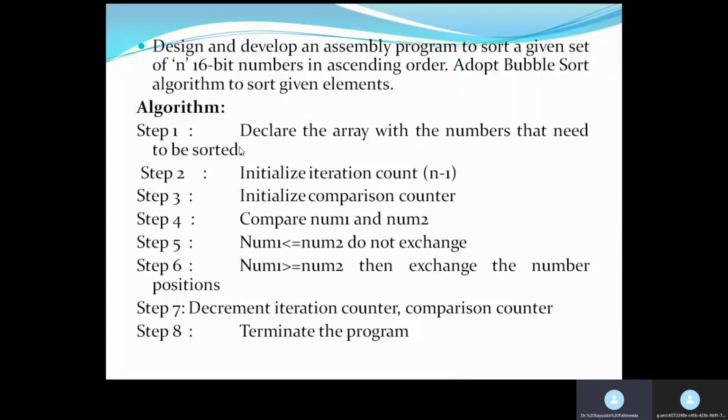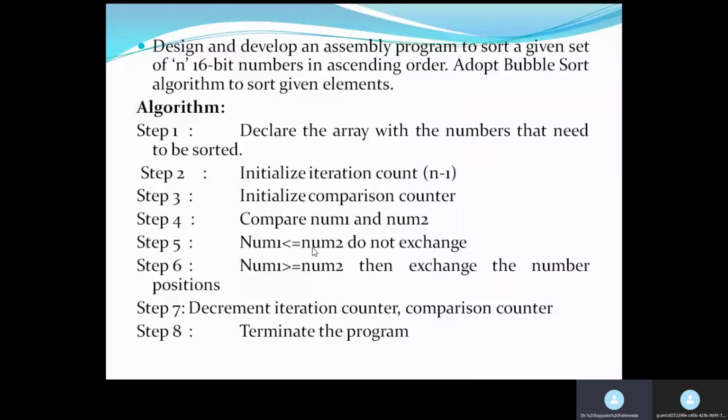As an algorithm, you need to write the program in assembly language. First, declare the array, then initialize the compute iteration, as bubble sort has two loops. One is to maintain the comparison and one is to form the iterations. So two counters have to be initialized.